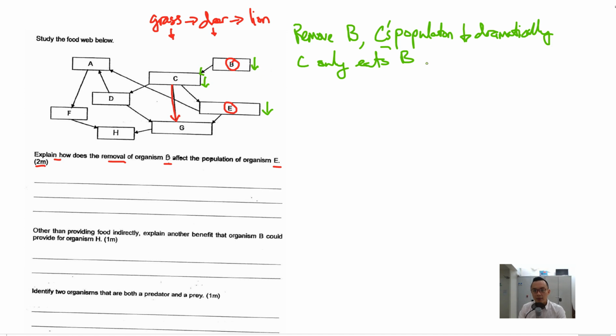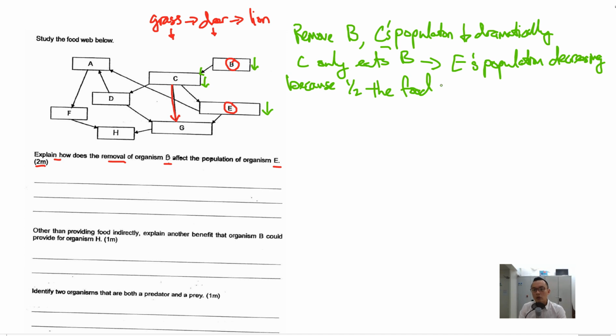And because of this, it will lead to E's population decreasing because half the food source is gone.